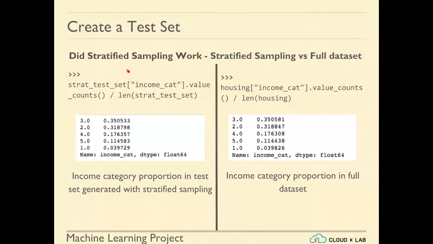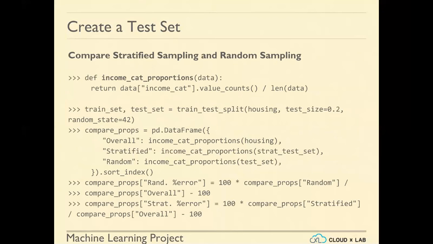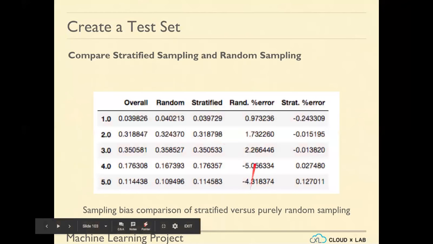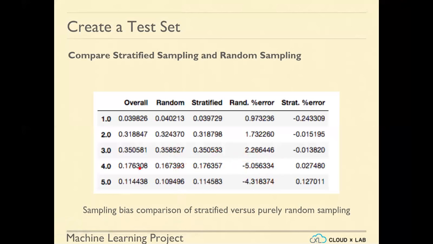So for stratified sampling to work, we must create our own column on the basis of which the stratified sampling class would actually do the splitting of data. All right, so if you compare the results of stratified sampling, you can see that in some of the cases, the random split was having 5% of the error as compared to the actual.